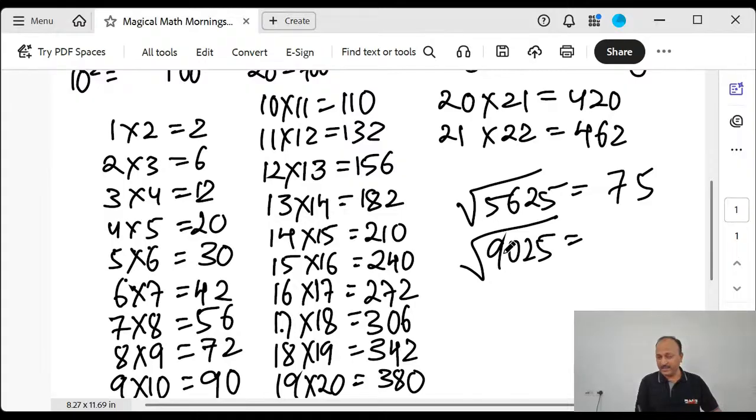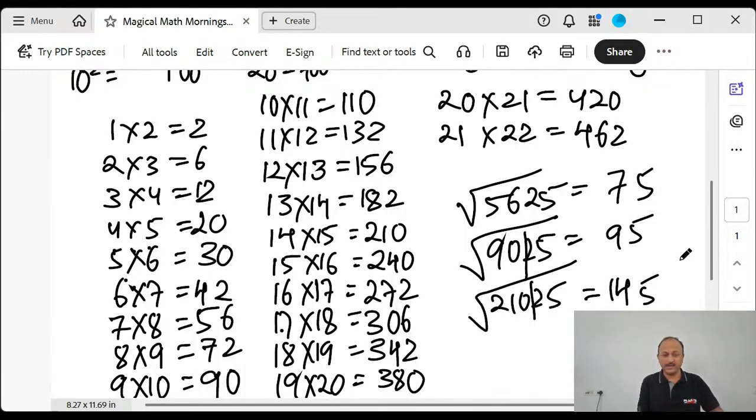9 tens are 90. Correct? No? These two numbers we are going to check, 90: 9 into 10, consecutive numbers. Therefore 95. Then if you want to find out for 21025, then what we do? 210, 14 into 15, therefore 14 should come here and then 5 should come here. 145 square is 21025.